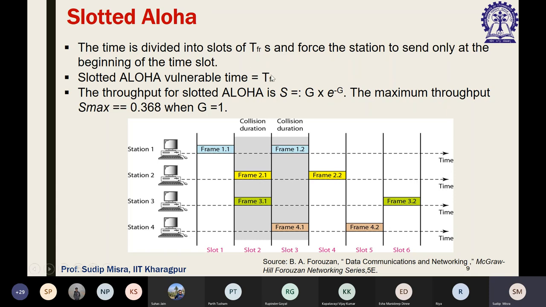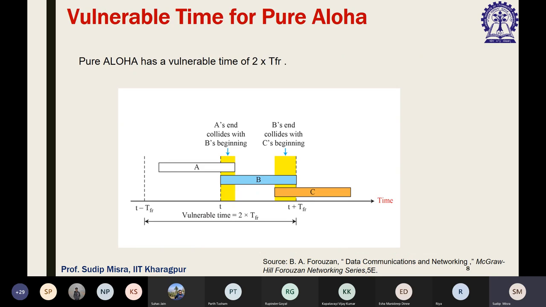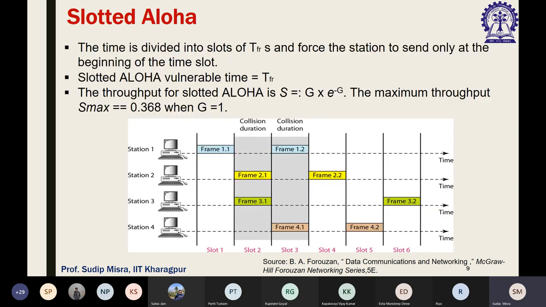So slotted Aloha improves the performance by cutting down the vulnerable time to half. Why is it TFR and not 2 TFR? If you draw a similar diagram, you will be able to realize that the vulnerable time is cut down to half.